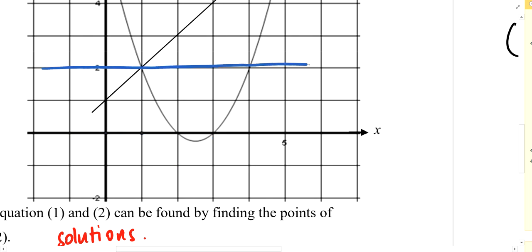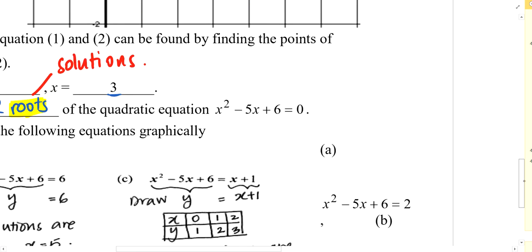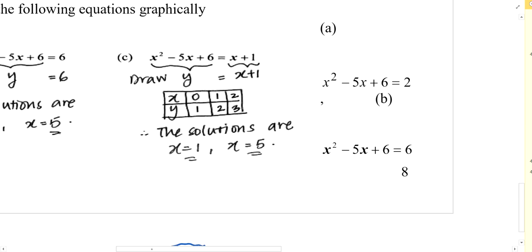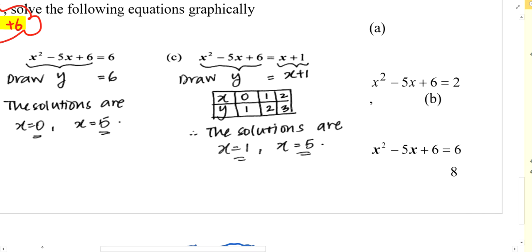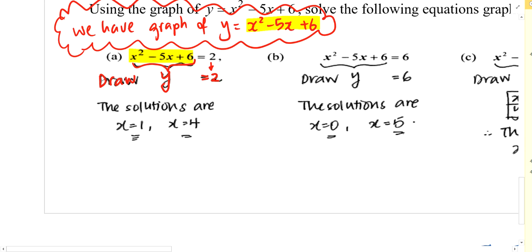This is my line, y equals 2. There are 2 points of intersection with the parabola. This has a value of 1. We are only interested in the x value. This will be 4. So the two solutions are 1 and 4. We can call them solutions, or we call them the roots.